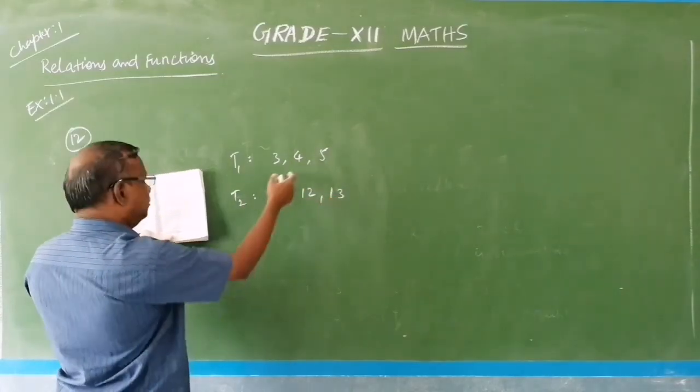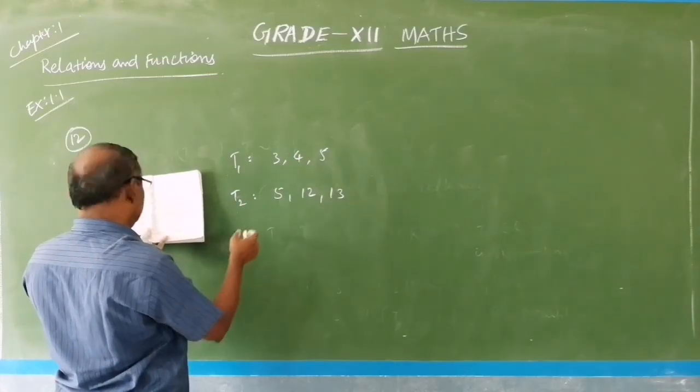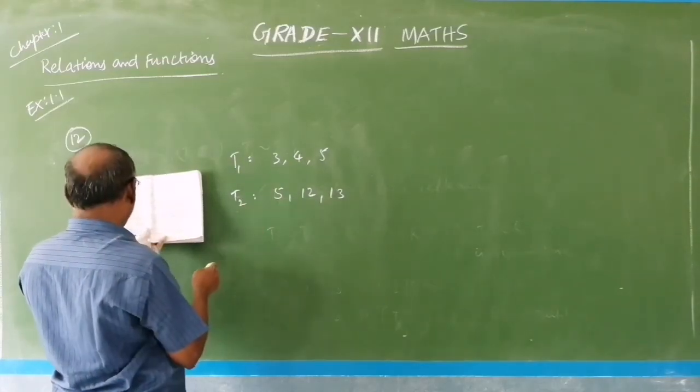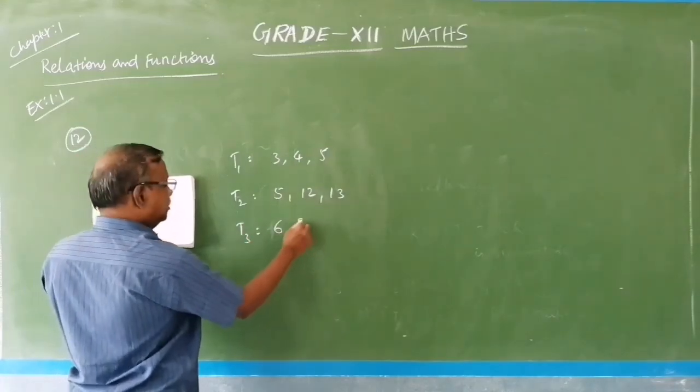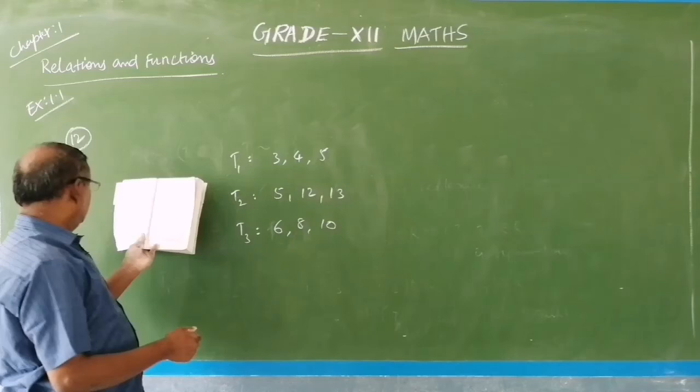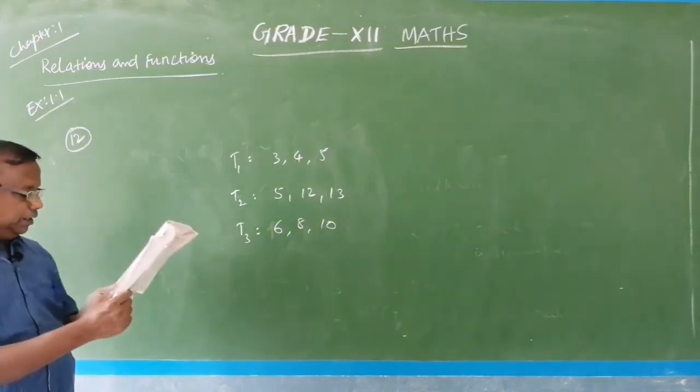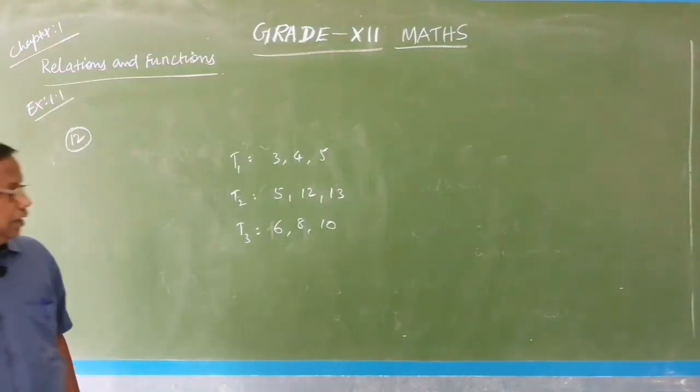These are Pythagorean numbers, therefore these form right angle triangles. The other triangle T3 has sides 6, 8, 10. So, which triangles among T1, T2, T3 are related?